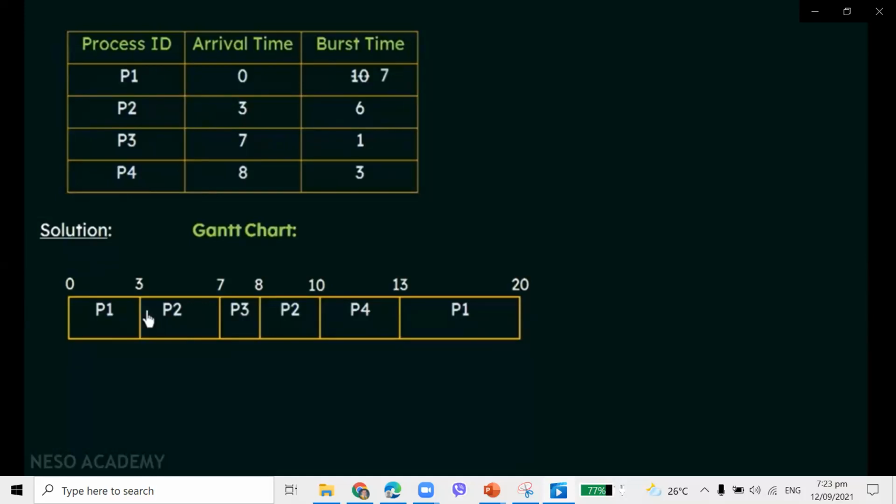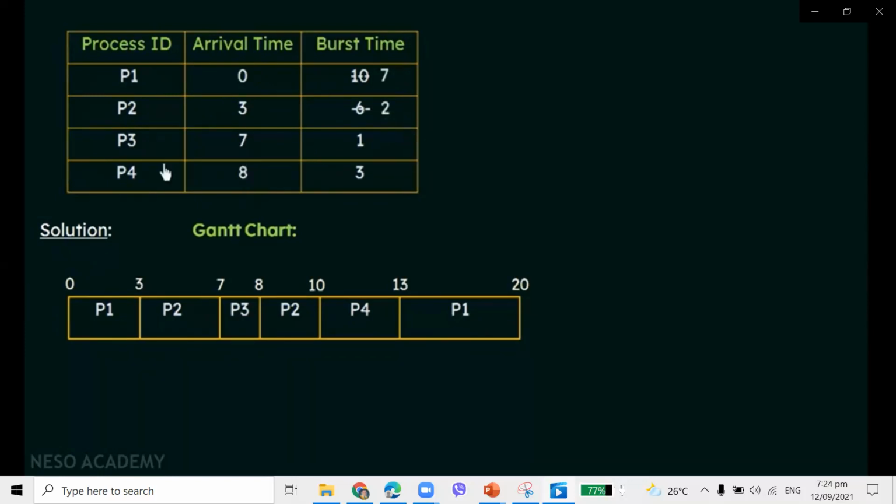So from the 3rd millisecond we have 3, 4, 5, 6, 7. So from 3 to 4, 4 to 5, 5 to 6 and 6 to 7. So 4 milliseconds of execution is completed for process P2. So what is the remaining burst time for process P2 at 7 milliseconds? It is 2 milliseconds.